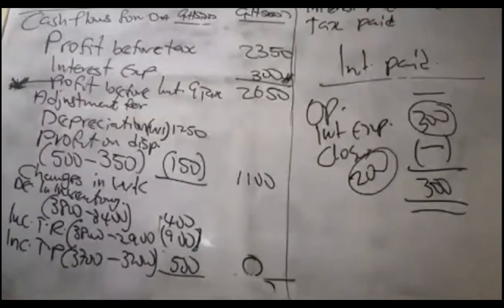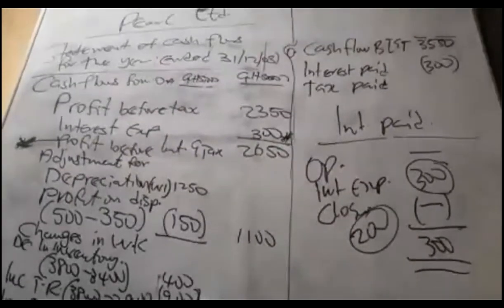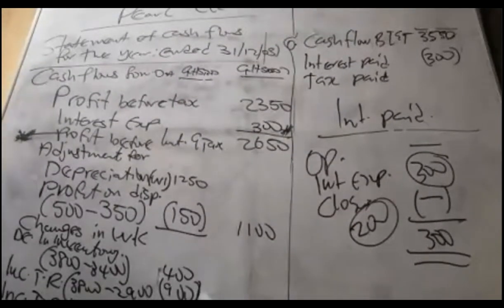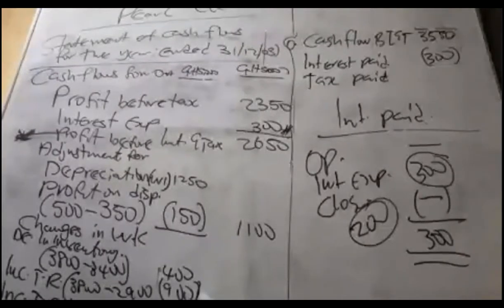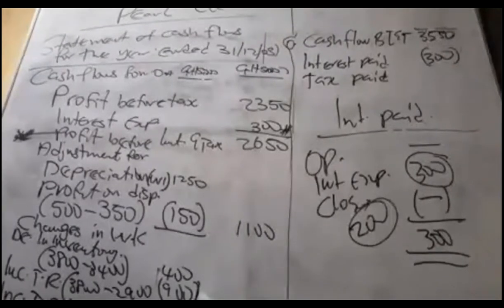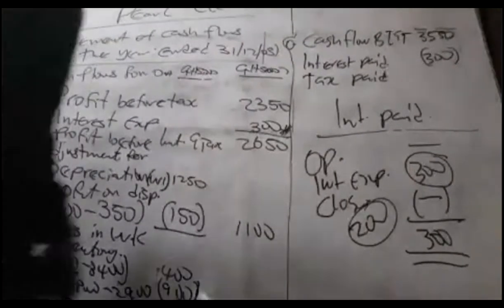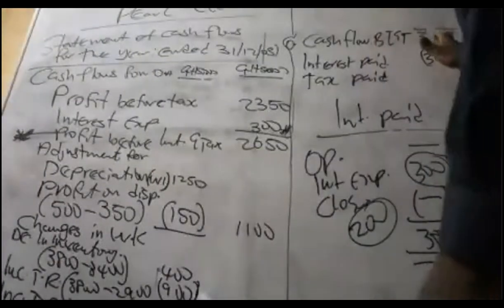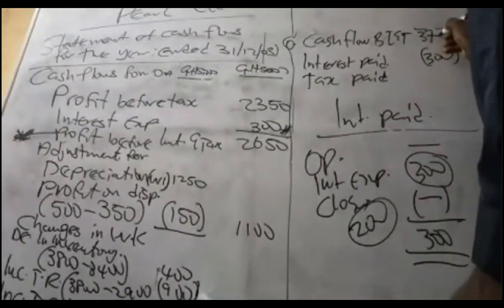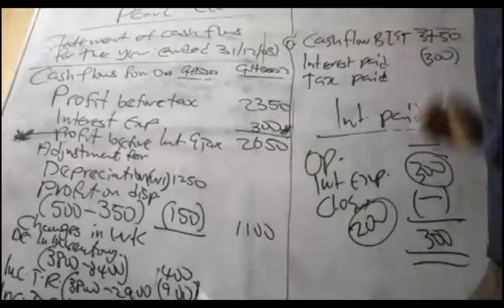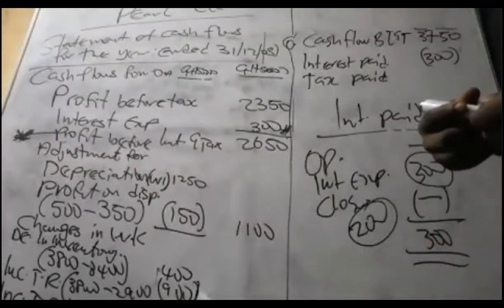So it must give us 3,750. Good. So it must be 3,750. Great. Perfect. Now let's go and calculate the tax paid.